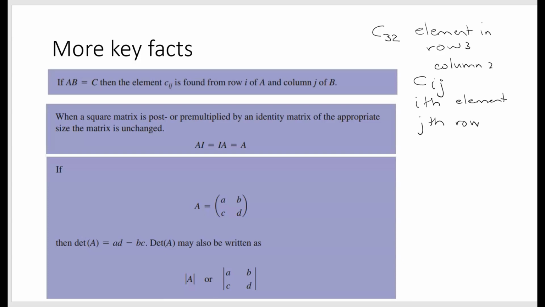Now we need to start talking about the determinant, because the determinant is what we need to find when we're finding the inverse.